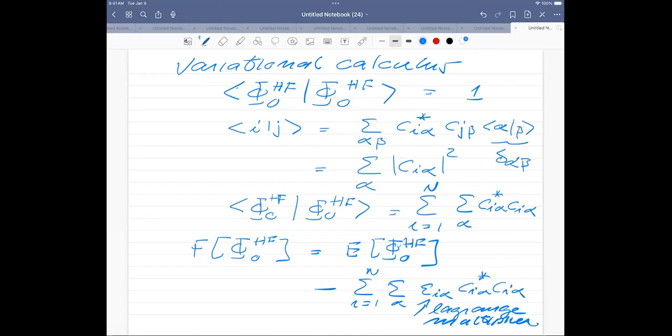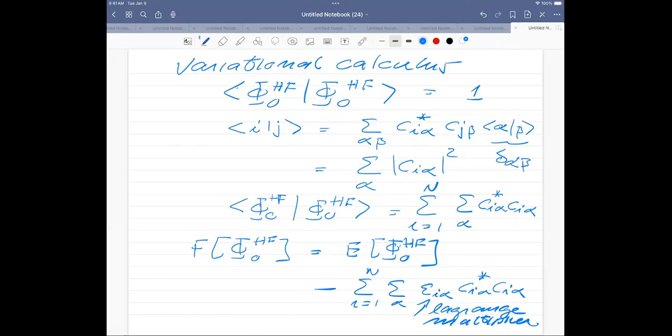And this is the typical way by which we implement the variational calculus. So what we're going to do now is to vary this functional in terms of variations in the parameters C. And that is going to give us a set of equations which we then can solve numerically.